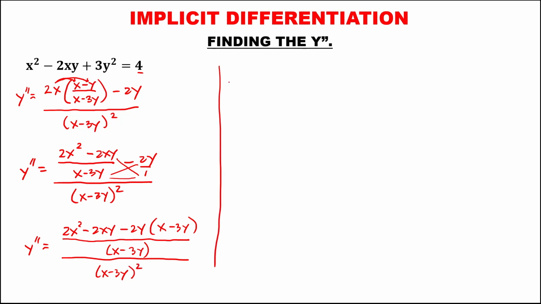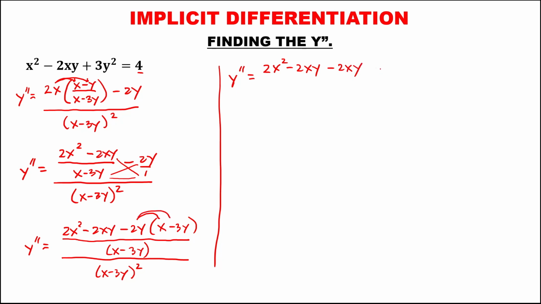Then to simplify, so we have y double prime equals, so this is 2x to the power 2 minus 2xy. Then distribute, this is negative 2xy.